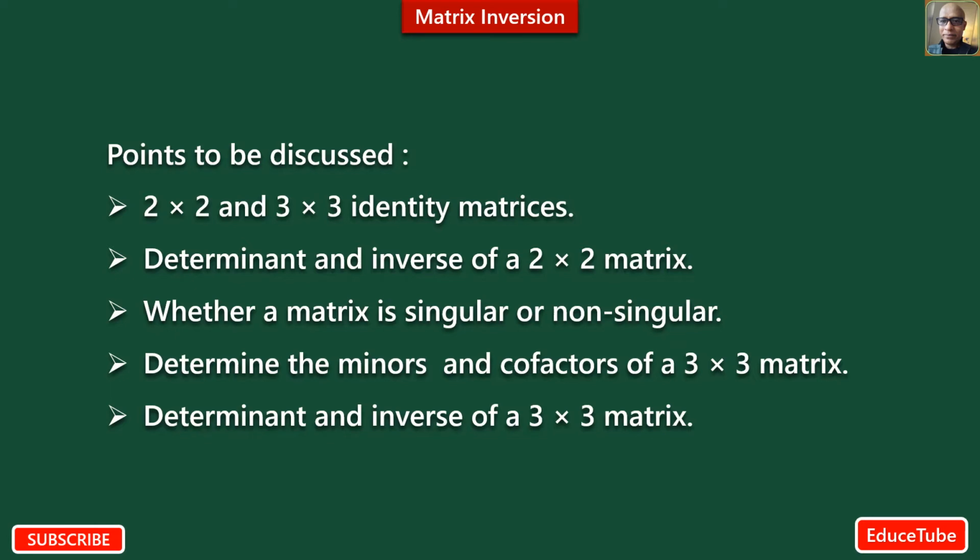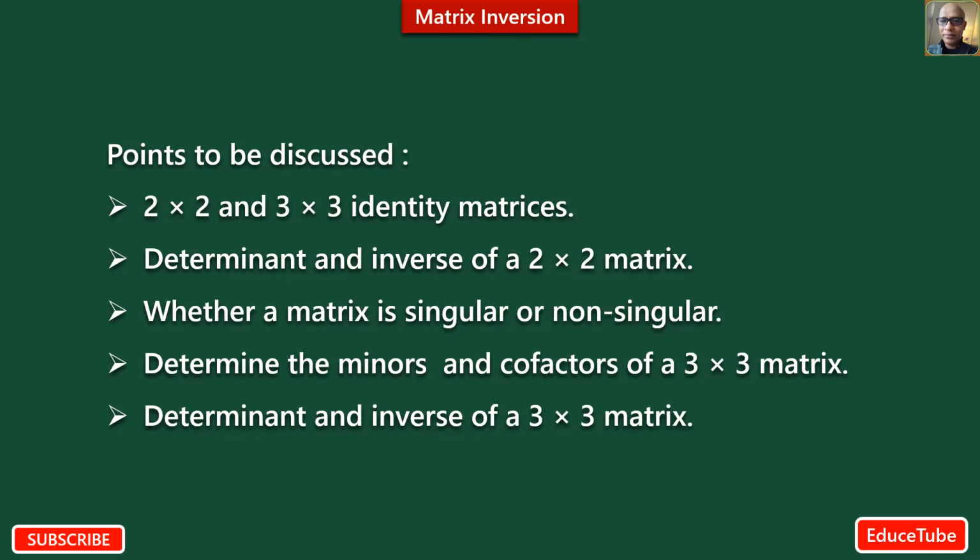I will show how to calculate the determinant and inverse of a 2 by 2 matrix, and the added points will be how to identify whether a matrix is singular or non-singular.